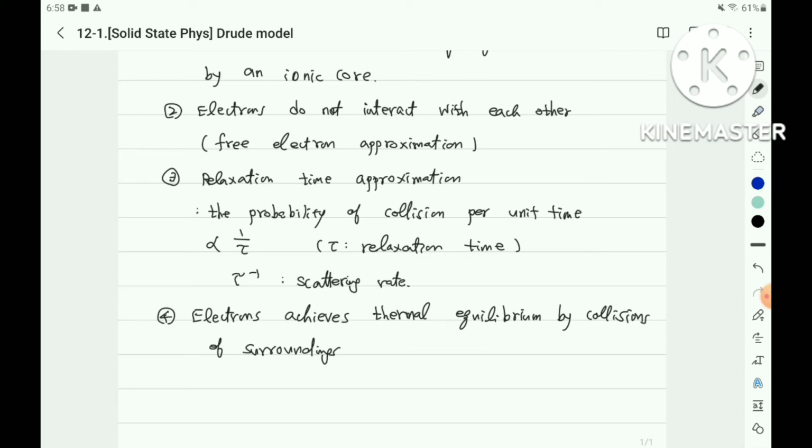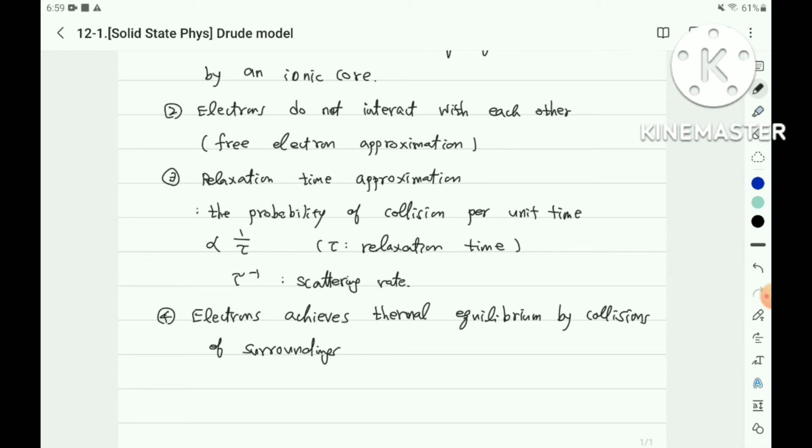Dynamics deals with time-dependent behavior, and kinetics deals with thermal equilibrium. Basically, the thermal equilibrium state is enough to describe the real state of the system.